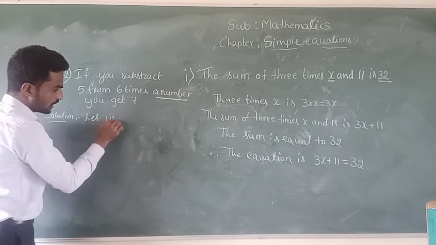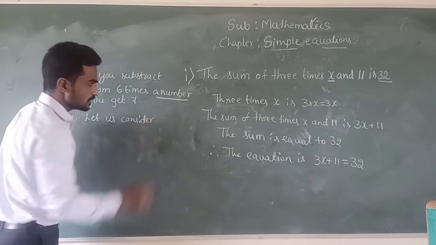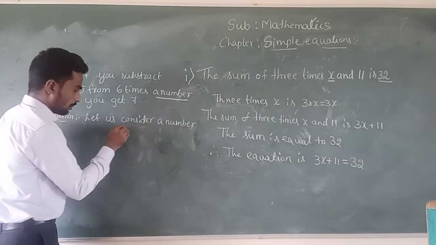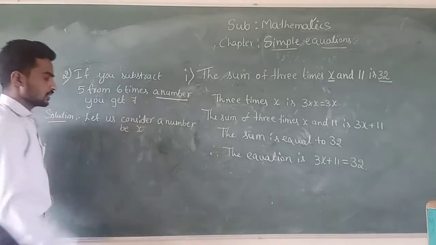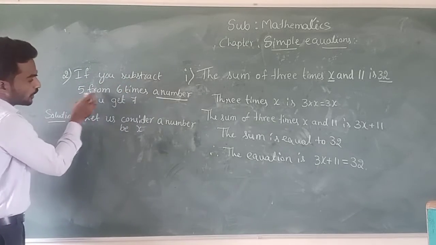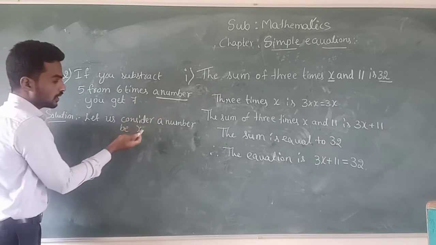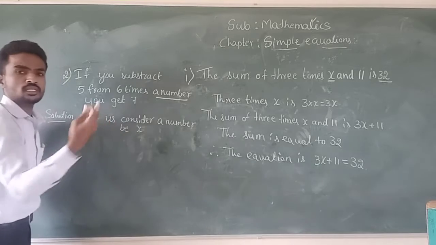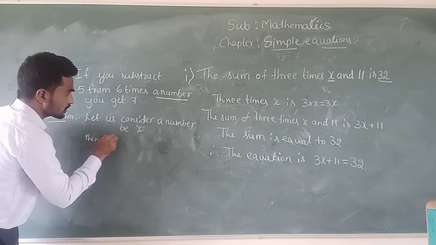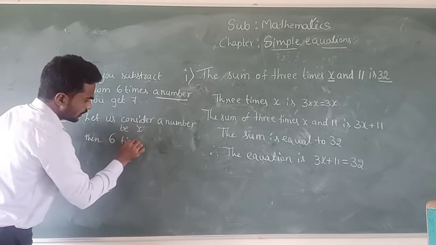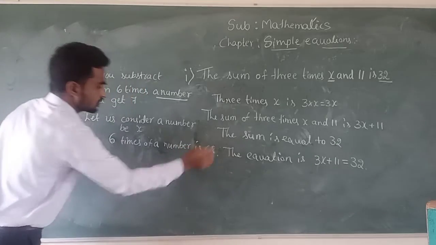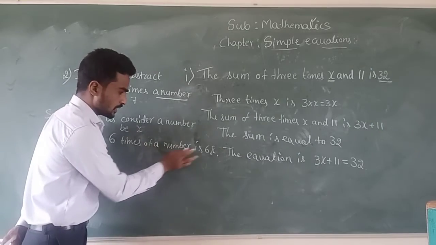Let us consider the number x. If you subtract 5 from 6 times of a number x, then 6 times of the number is 6x.